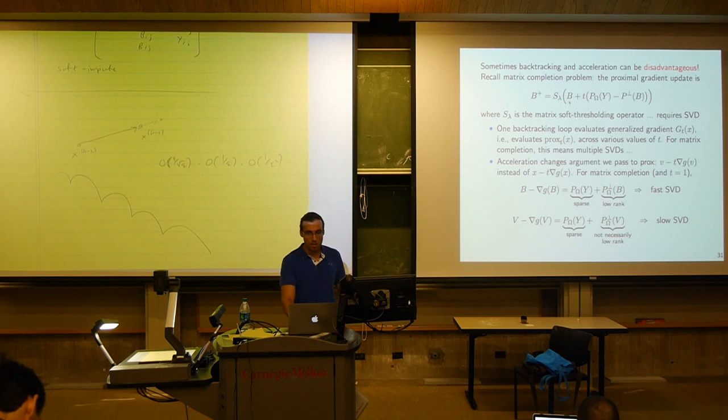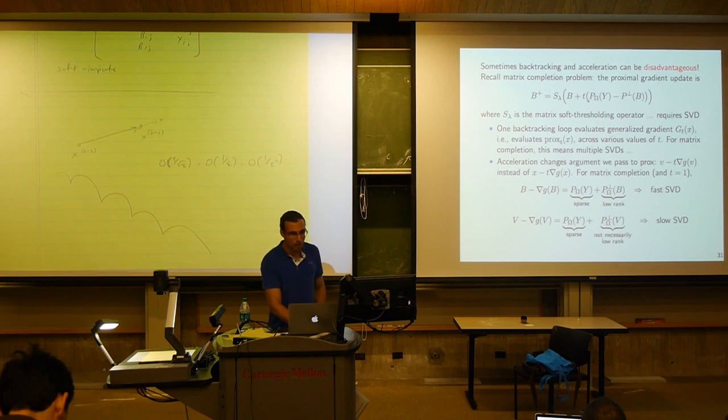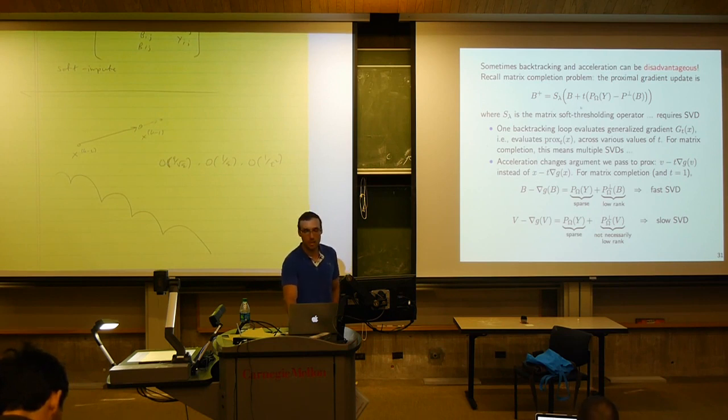So remember that in matrix completion we needed to do something like an SVD to compute the matrix soft thresholding operator. And what I had argued was that when t is 1, if we use a fixed step size of t equal to 1, then that was actually pretty efficient, because what we were taking the SVD of was a sparse plus low rank matrix, and there are fast algorithms for that.